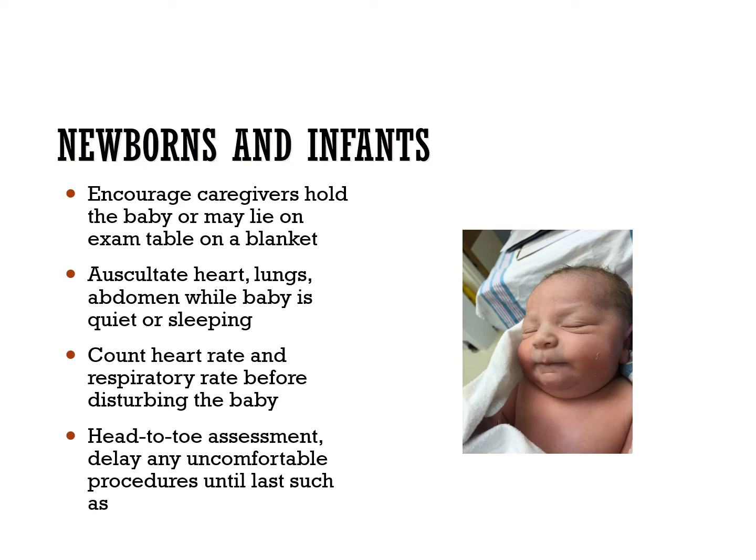It's wise to auscultate heart, lungs, and abdomen while the baby is quiet or sleeping, and count heart rate and respiratory rate before disturbing the baby to remove clothing. Infants and newborns should be examined completely unclothed, leaving their diaper in place until it needs to be removed to examine the genitalia. Proceed with assessment in a head-to-toe fashion.